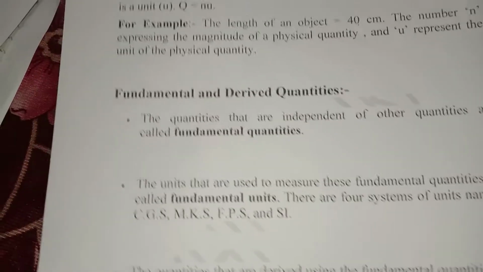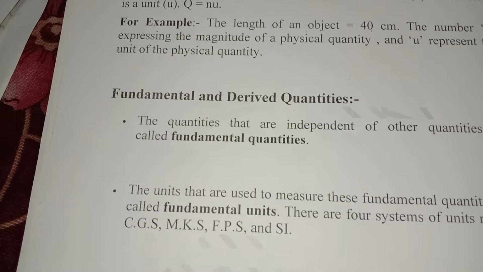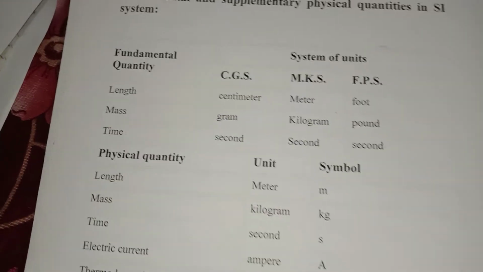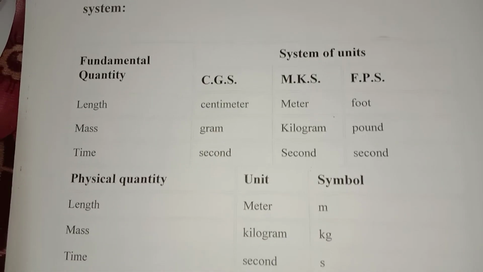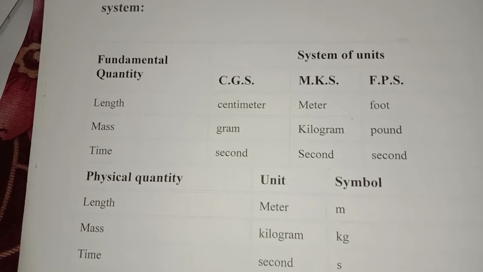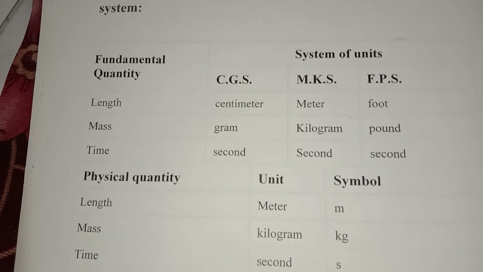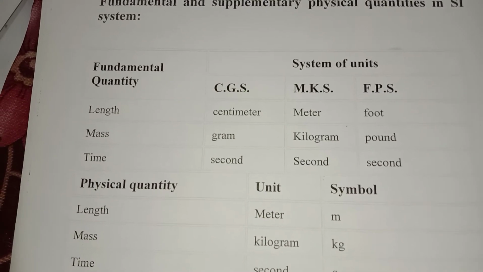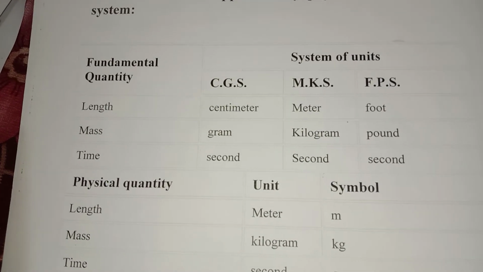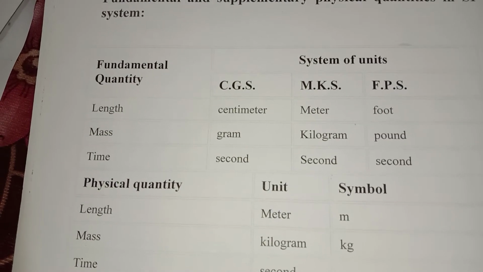Okay, so now we are going to discuss all the fundamental and derived quantities with the help of examples. So here you can see a chart and here we represent some fundamental and physical quantities with the help of diagrams and examples by system of units. So as we discussed, there are 3 systems of units to measure the physical quantities and those are CGS, MKS and FPS system of units.